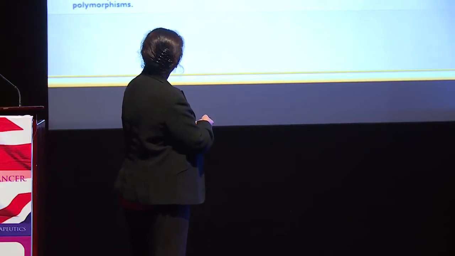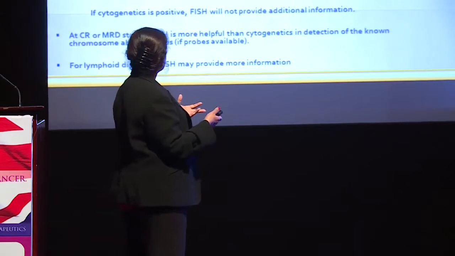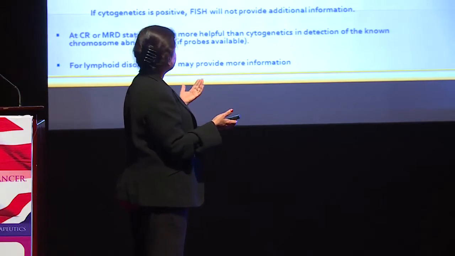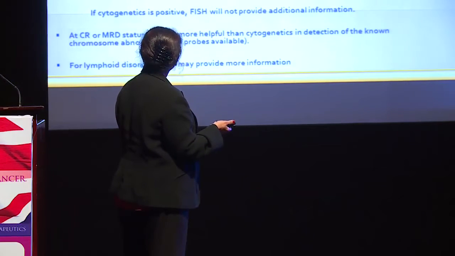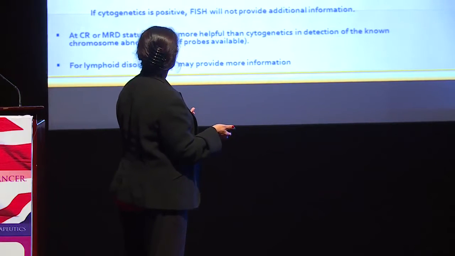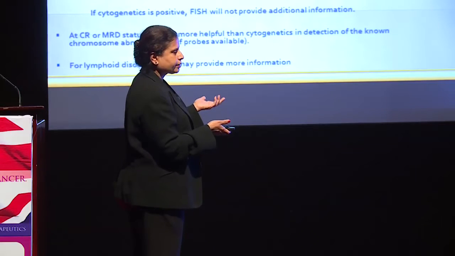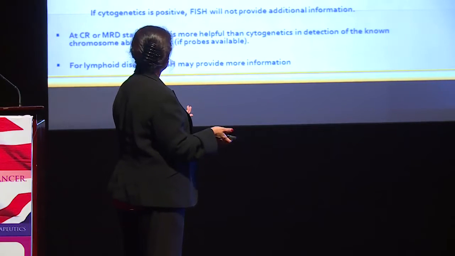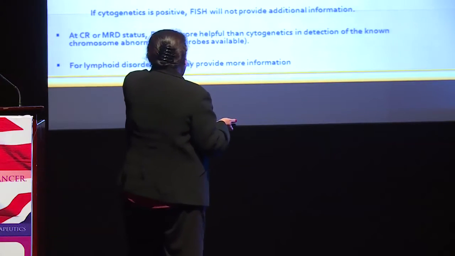To conclude, when a specimen comes in, the question is whether do we do cytogenetics or FISH or both tests. So all newly diagnosed cases should have a cytogenetics analysis done. If specific abnormalities are known, you can perform FISH for that, or if it is a rush case.